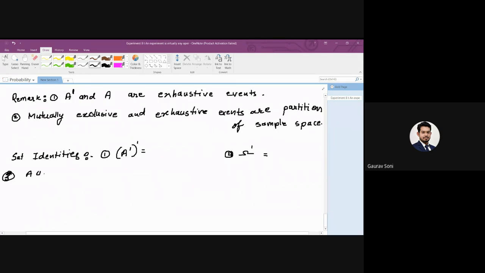A union sigma equal to, fourth, A intersection sigma equal to, then De Morgan's law.